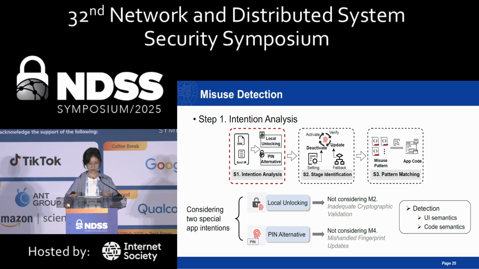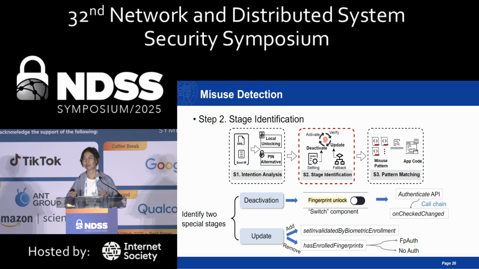Then, to automatically detect these misuses, we built a static analysis tool including 3 main steps. First, we noticed some apps may have different intentions when they implement FpAuth, so we distinguish them and take that into consideration when identifying misuses. Please refer to our paper for more details about our tool.